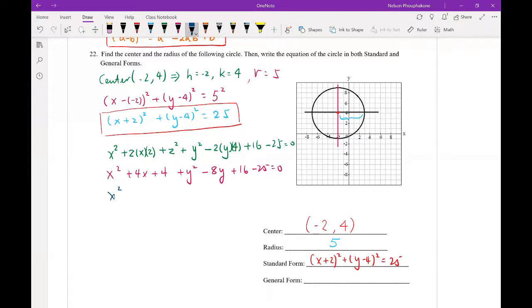Rearrange. And after we simplify, we have the equation of a circle in general form.